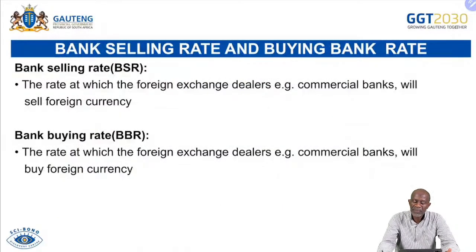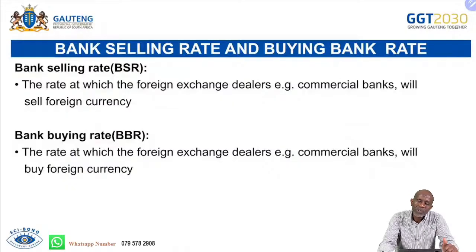Bank selling rate and bank buying rate. Bank selling rate refers to the rate at which foreign exchange dealers, for example, commercial banks, will sell foreign currencies. So when you are to visit, say for instance, the United States of America, you will need to change your South African rands into US dollars.